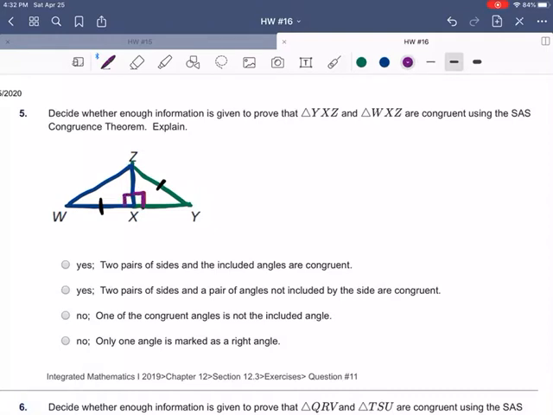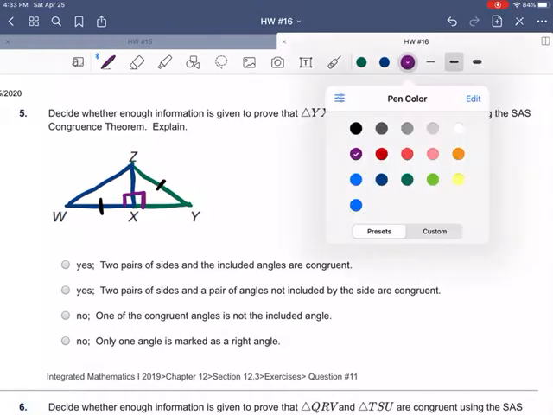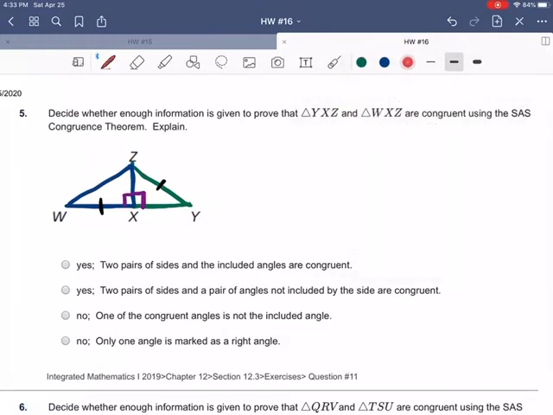This angle is 90 degrees, so this angle has to be 90 degrees because the line is 180. 180 minus 90 leaves another 90. And then we can say ZX matches ZX by the reflexive property, so we can put two tick marks there.